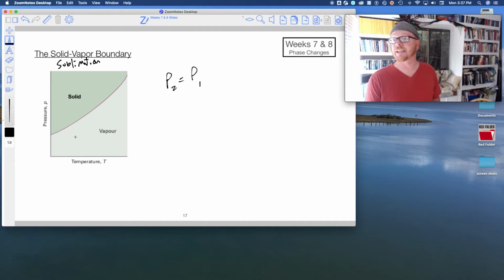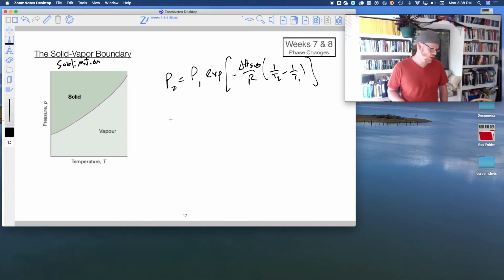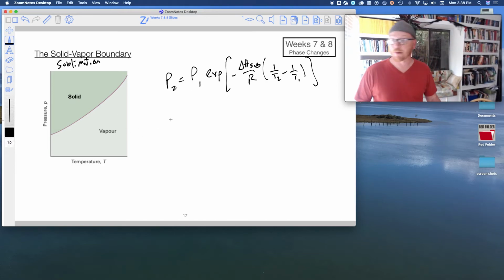Going directly to a vapor from a solid. So it ends up being exactly the same as the previous case, the liquid vapor boundary, except for now you replace delta H of vaporization with delta H of sublimation. Okay, and you have the same equation that describes that boundary.